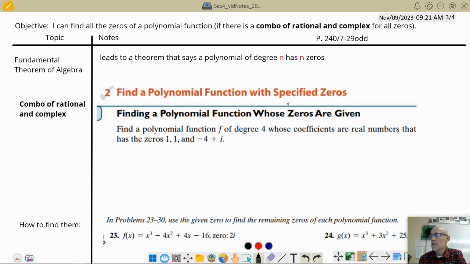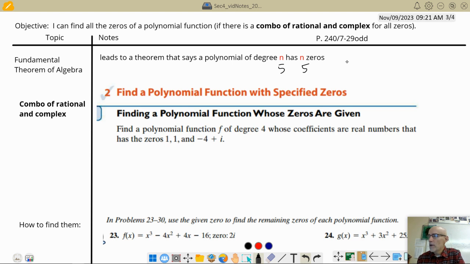Like if the degree is 5, then there's 5 zeros. If the degree is 17, there's 17 zeros. And they're not all unique. It's not like you would have 2, 5, 13, -7. You might have 2 as a repeated zero. Like it might have a multiplicity of 5 or something like that.